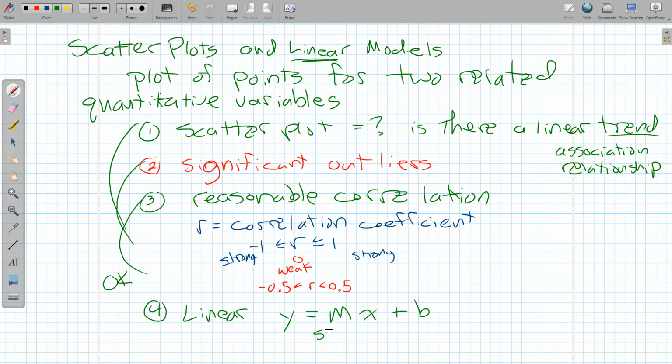We want to know what's the slope of these two variables and what's the initial value here. And today we'll explore a little more why the slope is important, why the initial value is important, and what they mean to us. So let's look at a couple of examples on that. I'll share a data set with you.